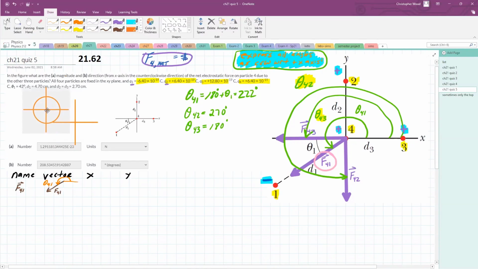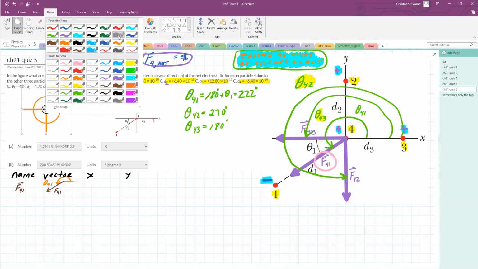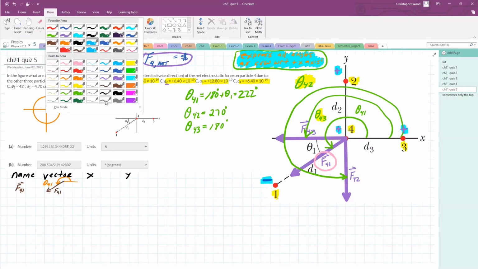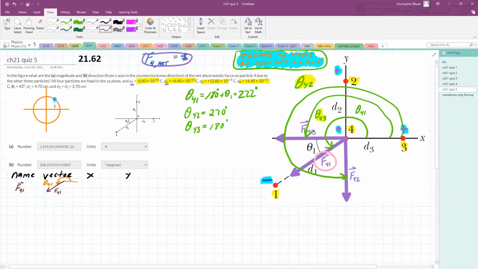If a particle is located right here, the x coordinate is brought to you by cosine of theta, and the y coordinate is brought to you by sine of theta.